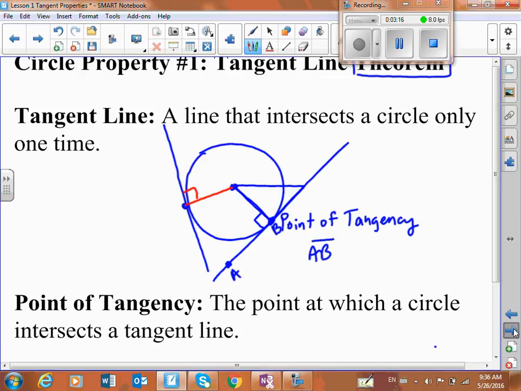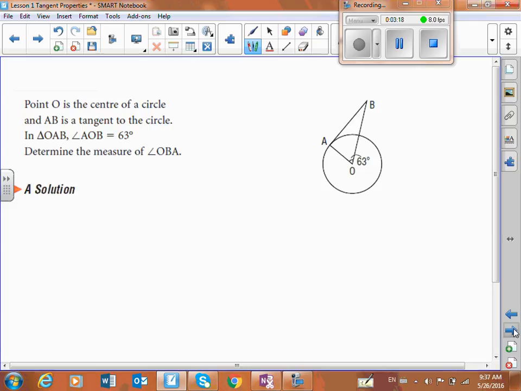All right, so some examples start here. We have point O is the center of the circle, and AB is tangent to the circle. This given information is important and relevant, because remember, we never assume anything from the diagram. And what I want to point out about this diagram is that right now, there's no indication of a 90-degree angle on the diagram, but because we've been given these two pieces of information, we know that AO is a radius.